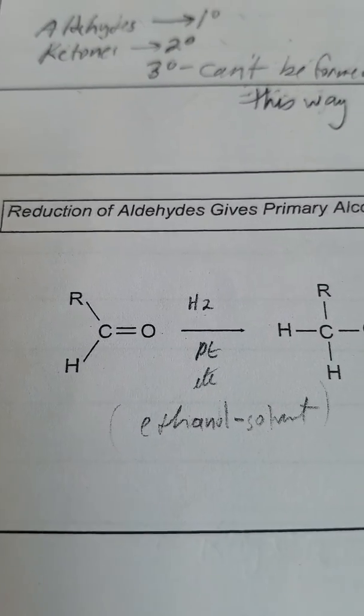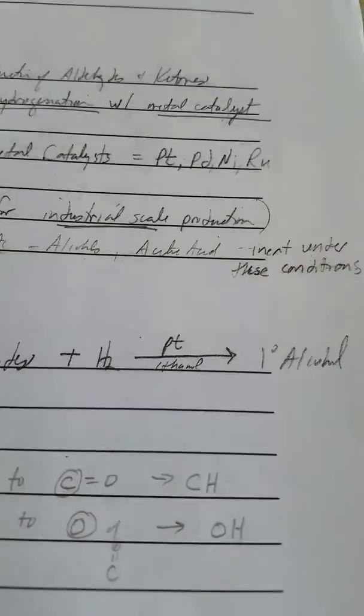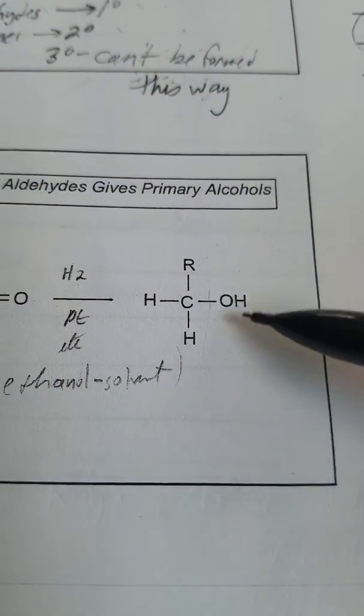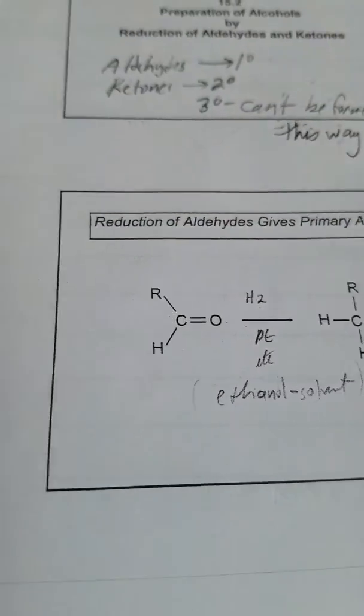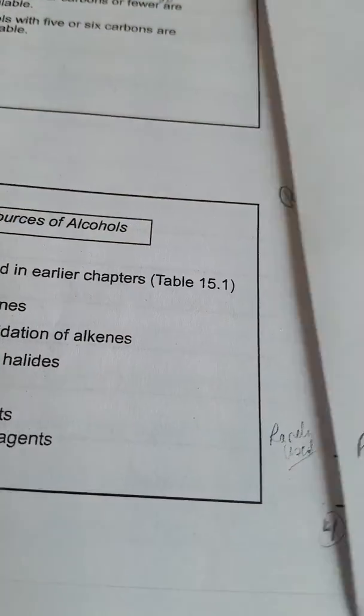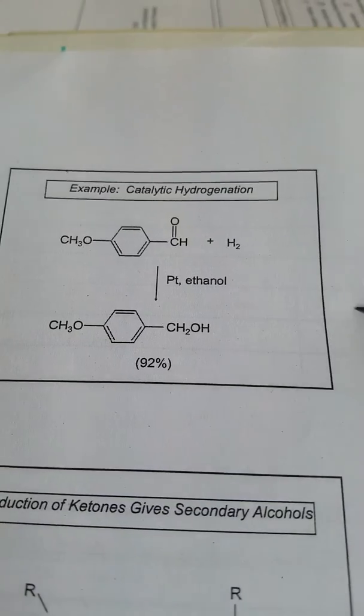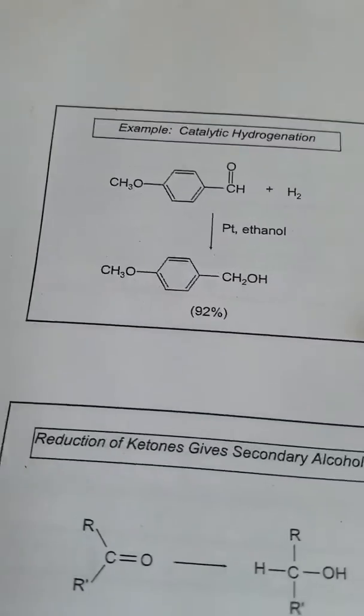So in this one, you have an aldehyde. So you can see you're going to get a primary alcohol. On this one, again, we have an aldehyde. So again, we get another primary alcohol.